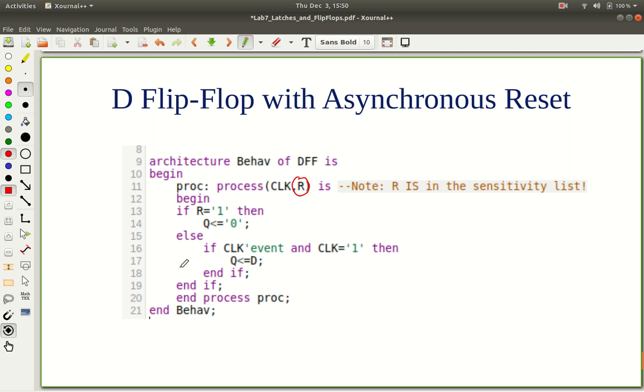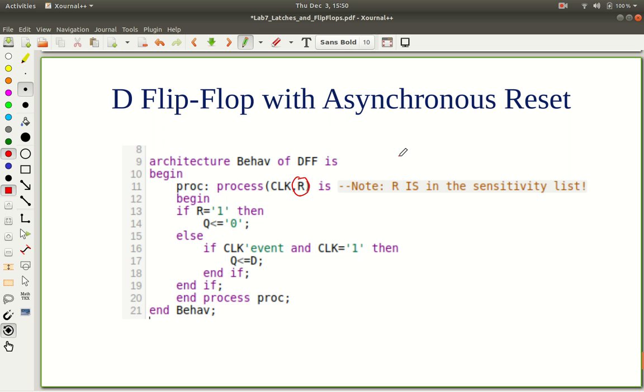So think about how you would describe these various conditions. Either it could be a latch with a reset, there is no synchronous reset for a latch, right? It's a level sensitive device. So a latch with a reset, or a flip-flop with an asynchronous or a synchronous reset.